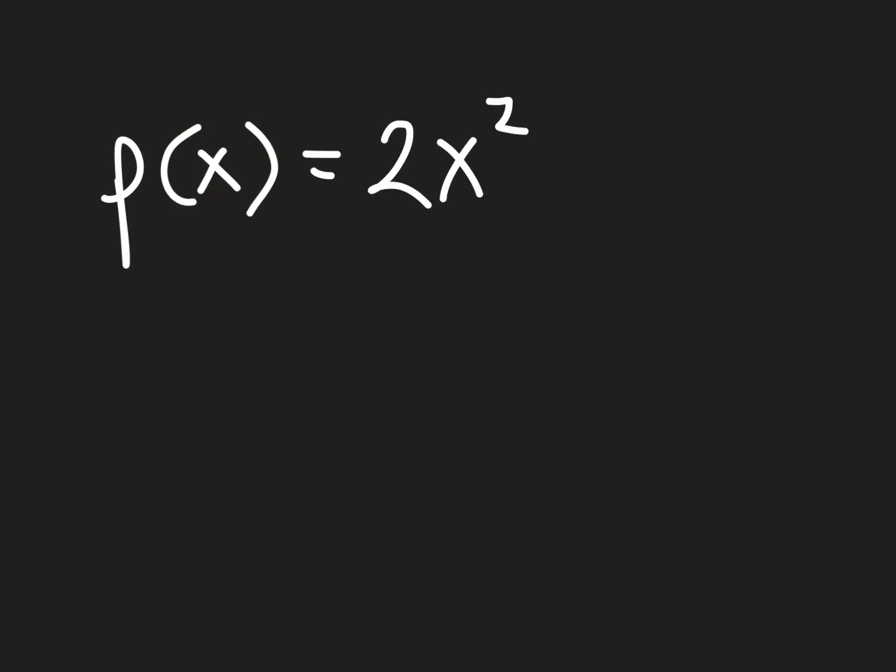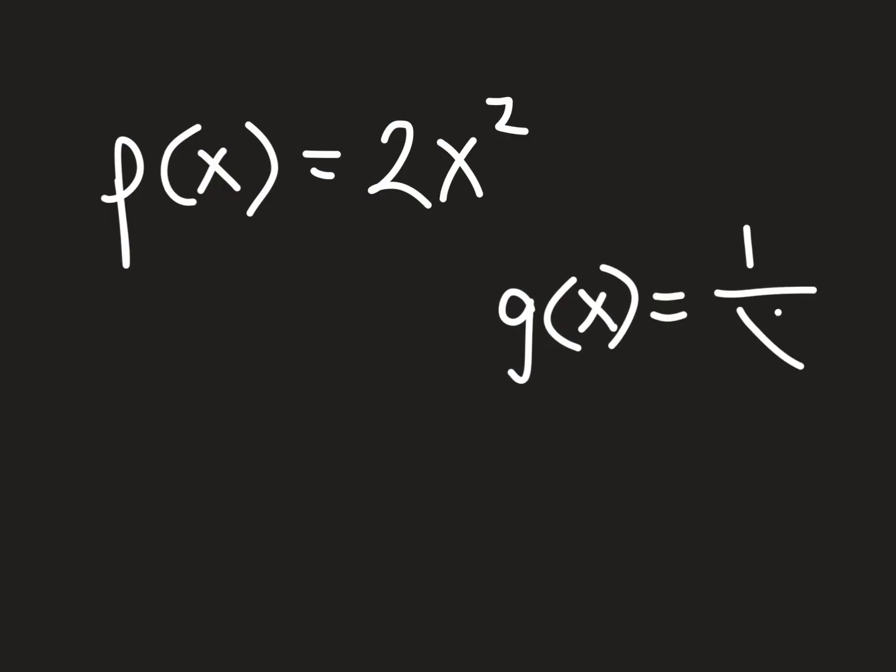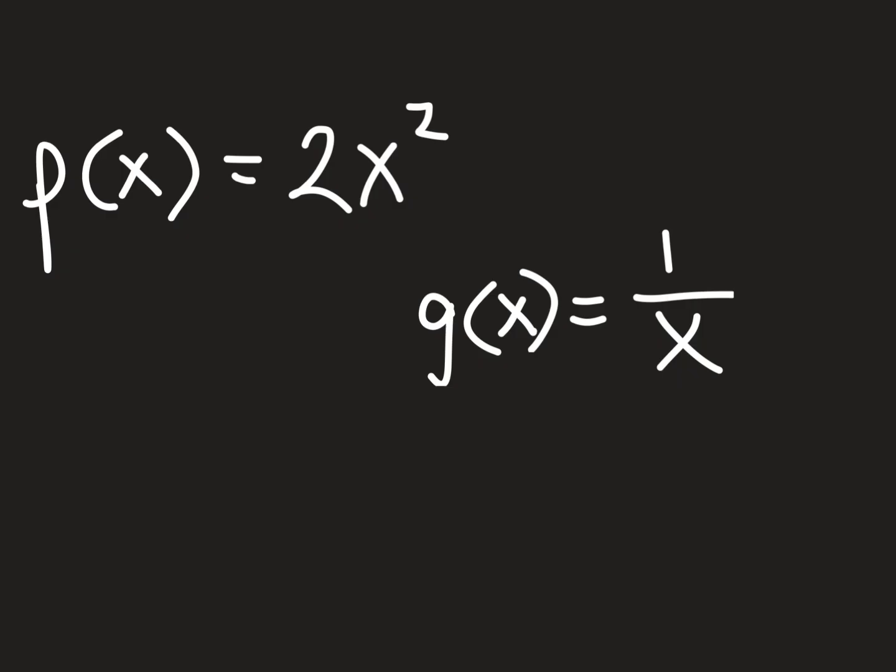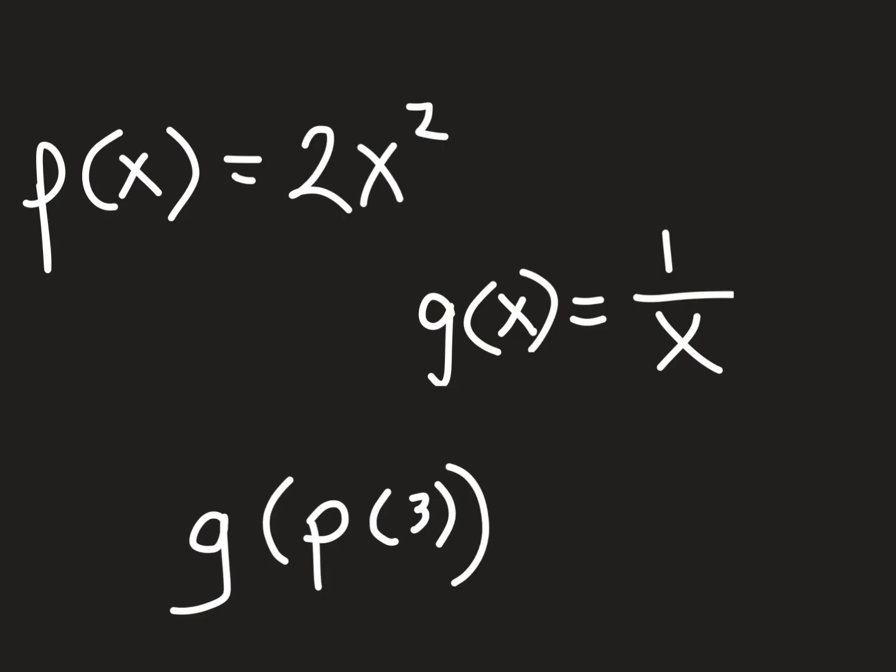Let's do p of x is 2x squared, and g of x is going to be 1 over x. Now, can you please figure out what g of p of 3 is.